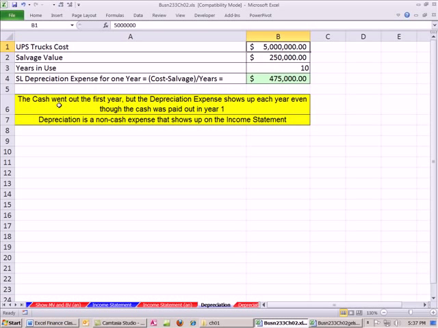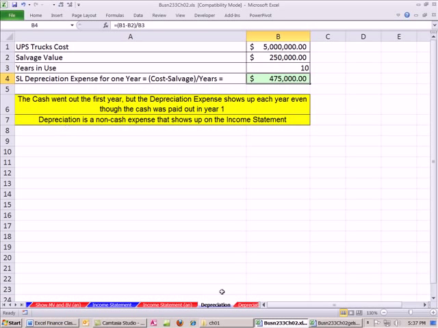Remember, in financial management, we're interested in cash, not accounting income, expenses, or revenues, but actual cash. So there's a disconnect here. If this is the depreciation expense for each year, and we're going to take this expense each year, then that means there's no cash associated with it. It all went out the first year.